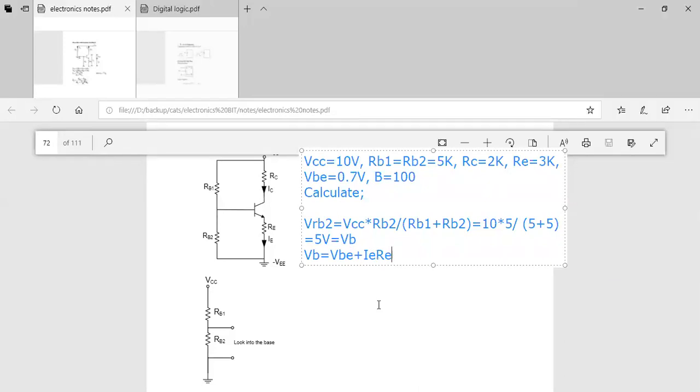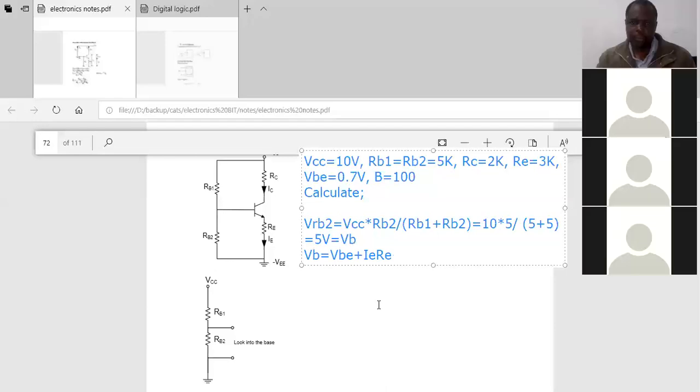From here, you can now get the value of IE because the others are known. So if you interchange the equations, you have IE as the subject of the formula, which will be equivalent to VB minus VBE, then we divide by RE.